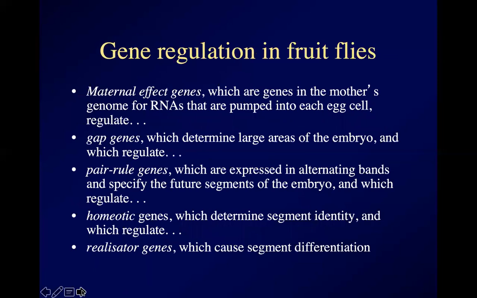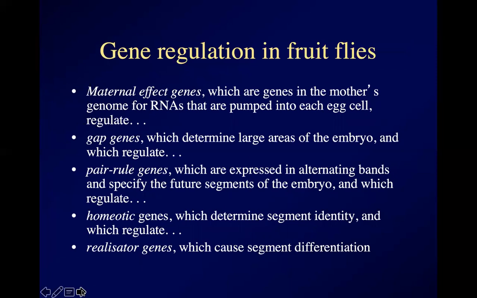And we've worked out that in fruit flies, and basically in you, this seems to be pretty universal in animal development. There's a hierarchy of gene regulation. It starts with genes that are in the mother's genome called maternal effect genes, and they code for RNAs.